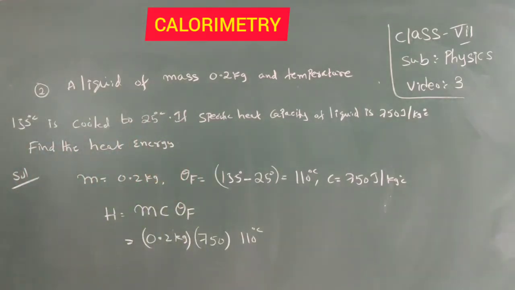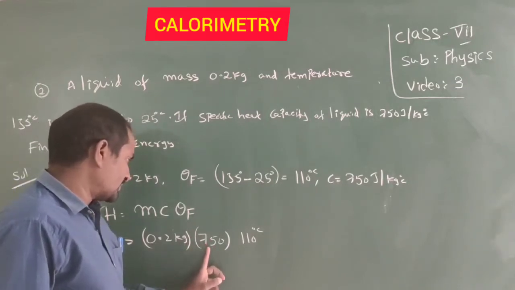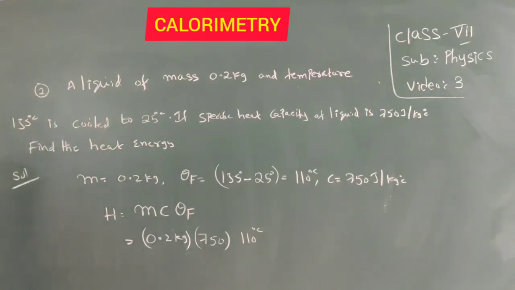So total value, we can write here 0.2 into 750, that equal to 2 into 75, that equal to 150.